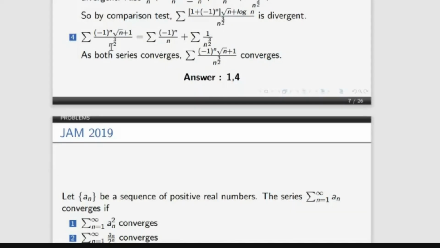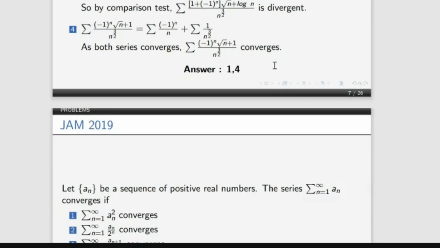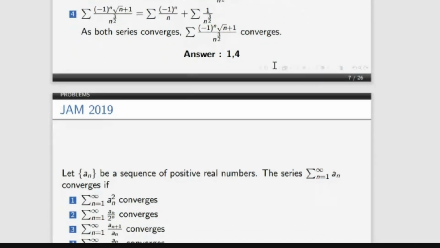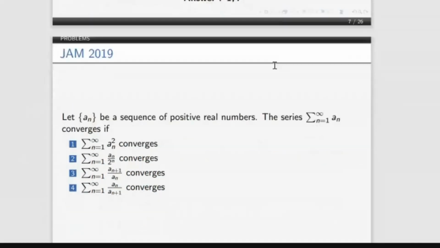When we break it down and apply it as two different series, we get (-1)^n by n and 1 by n^(3/2). So this series is convergent by Leibniz test, and this is a p series with p value greater than 1. So both these series are convergent, and hence both series converge, right? Is that okay?